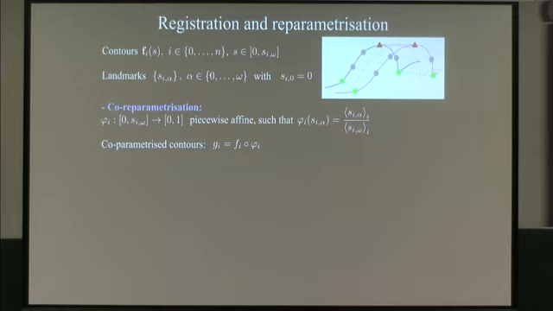There is a maximum number of landmarks. The first one is 0, and the last one is the maximum value, or the total arc length. And some of the landmarks are absent in some contours. So not all of these are numbers.